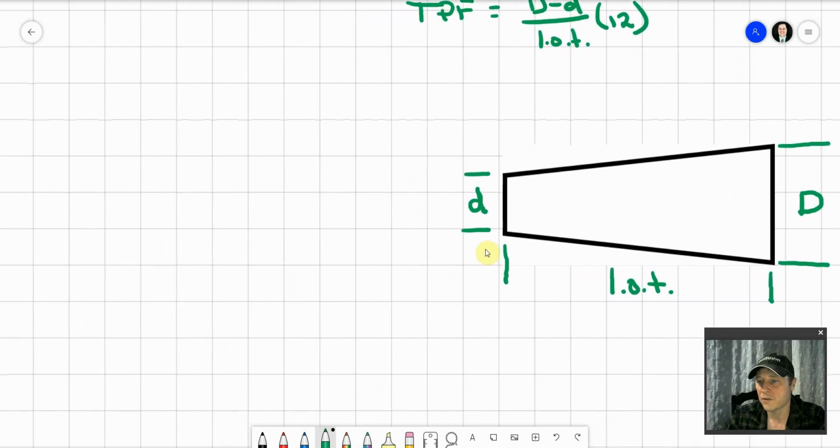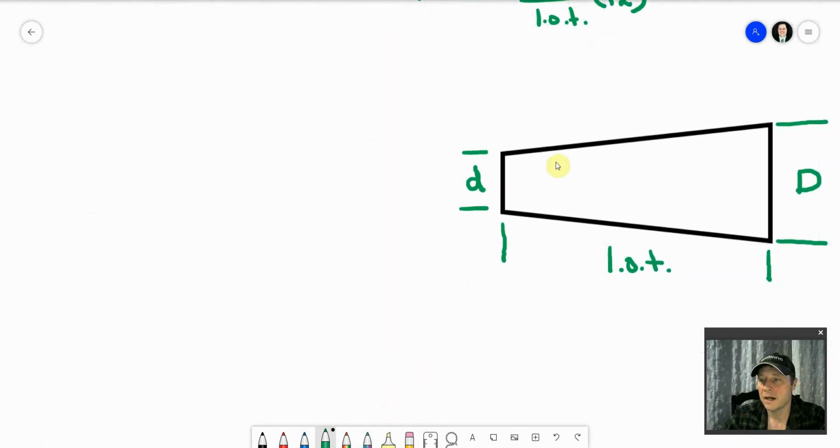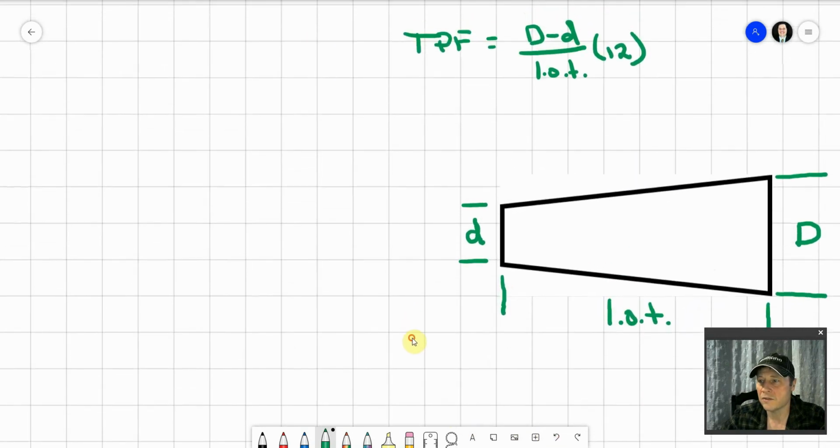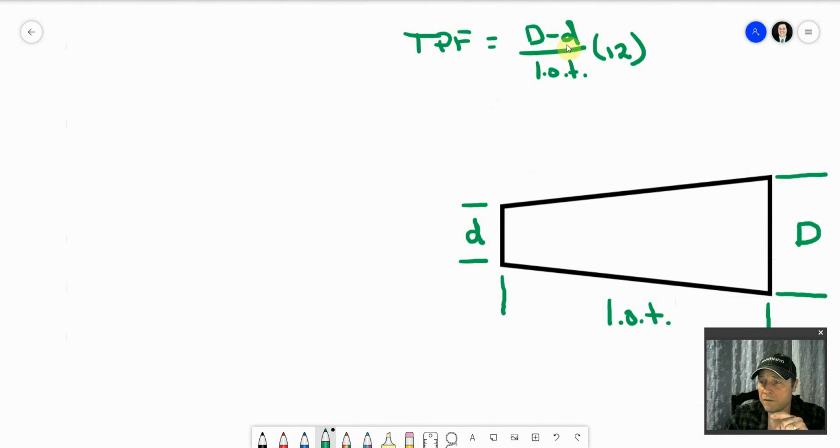Okay, so this applies to solving the unknown small diameter with this taper per foot formula. So I'm going to just switch over to blue. Taper per foot equals, let's say the large diameter is, I don't know, let's say it's 4 inches minus the small diameter.